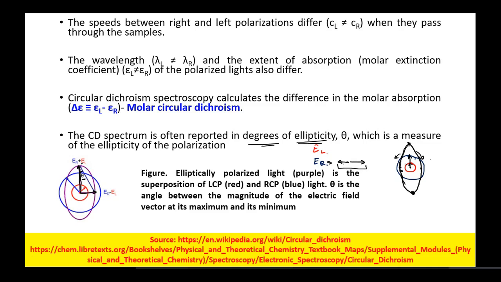It gives you information about the added electrical vector intensity, and the higher diameter and the lower diameter. So over here you find the high intensity and the low intensity value.